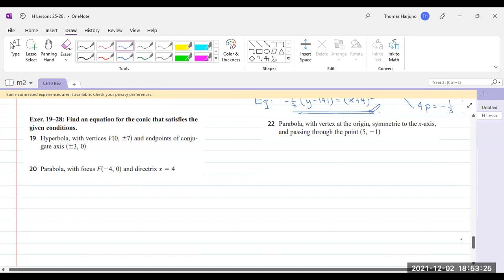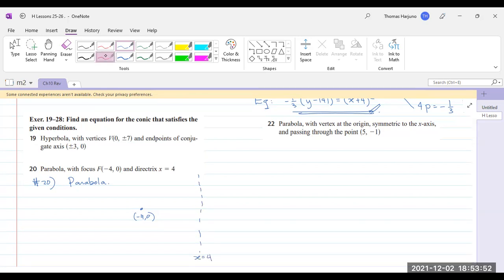Number 20, find an equation for the conic that satisfies the given condition. We have this parabola for number 20. The focus is (-4, 0) and the directrix is x equals 4.